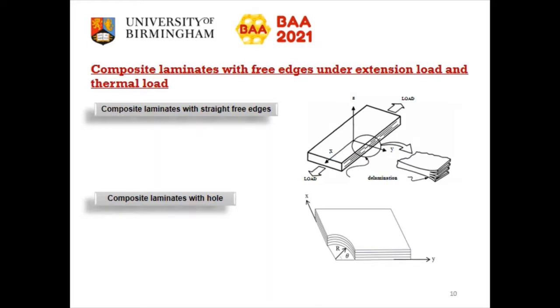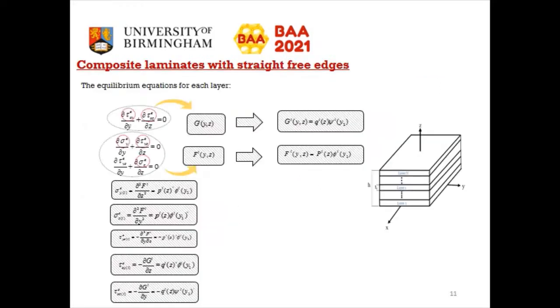We consider two composite laminate structures: composite laminates with straight free edges and composite laminates with a center hole. In the current study, a simple and efficient analytical method is considered to analyze the interlaminar stresses near free edges.